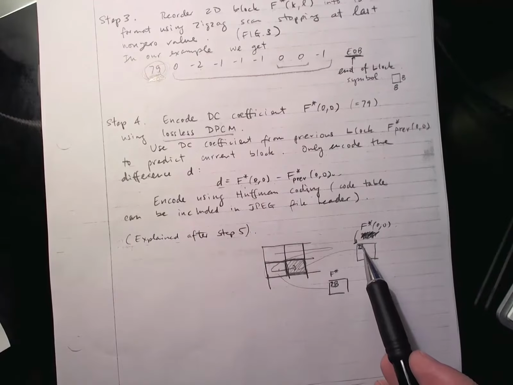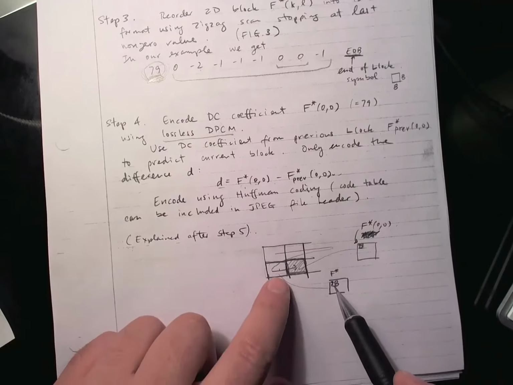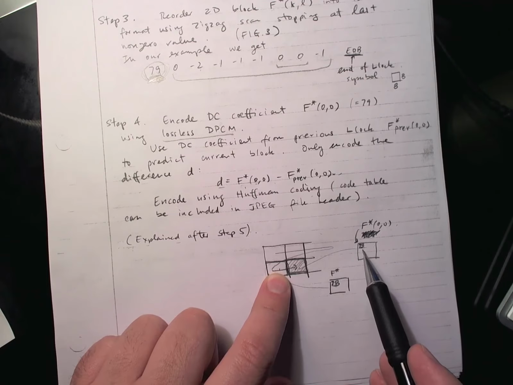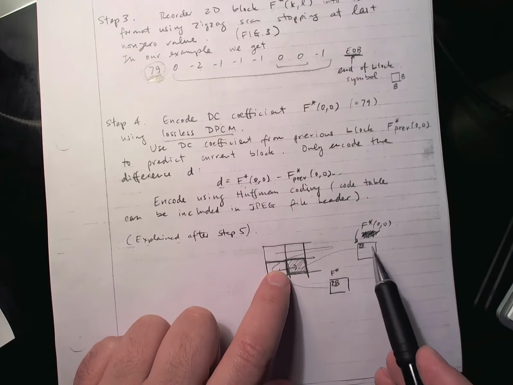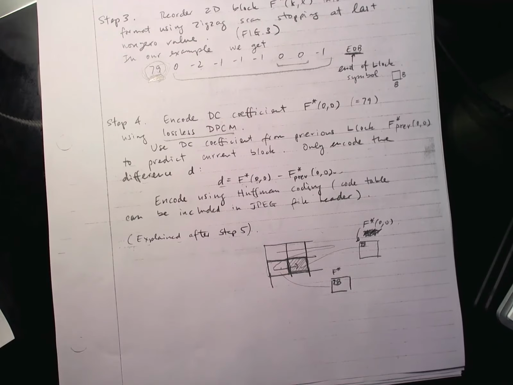I could assume that, pardon me, let's say the previous one, the one next to it, was 78. I could, when decoding, guess that this one is also 78, and I'd be very close. So what the encoder needs to do is simply to alert me that if I try to do it that way, I'll be wrong by 1.